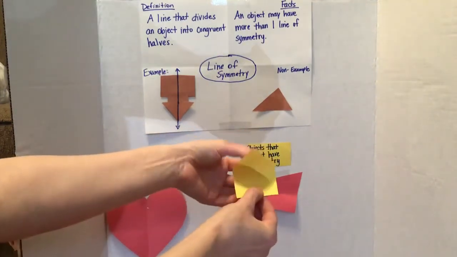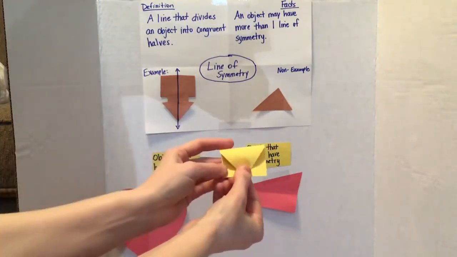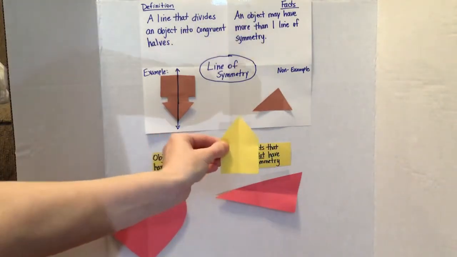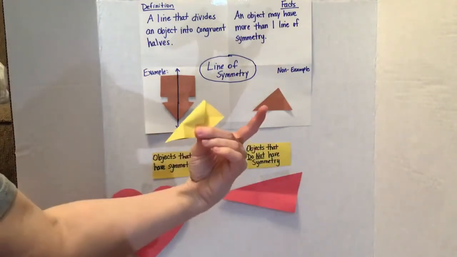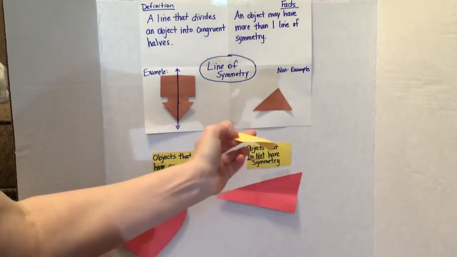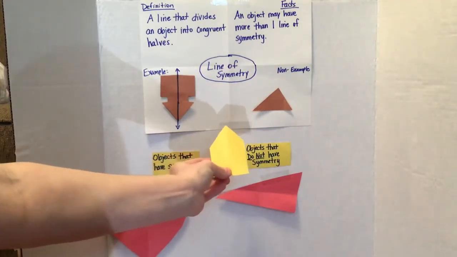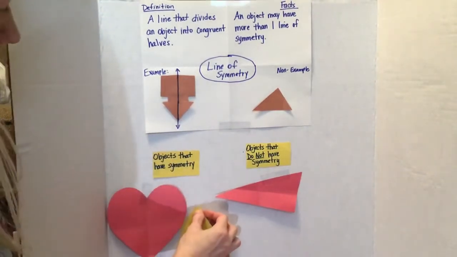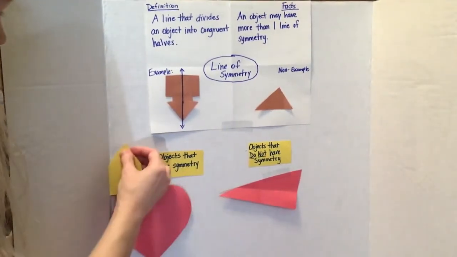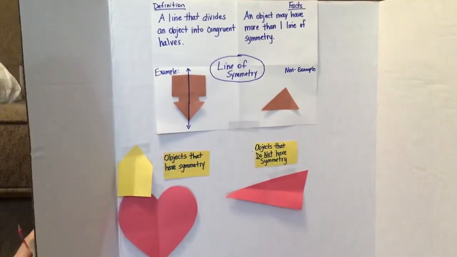If we fold it horizontally, what happens? It doesn't match up. Now with symmetry, you can also fold on the diagonal. What happens if we do that? Does it match up? No. So how many lines of symmetry does this pentagon have? That's right, it has 1 line of symmetry. We're going to put it over here with our objects that have lines of symmetry.